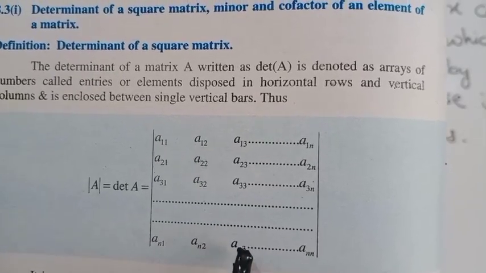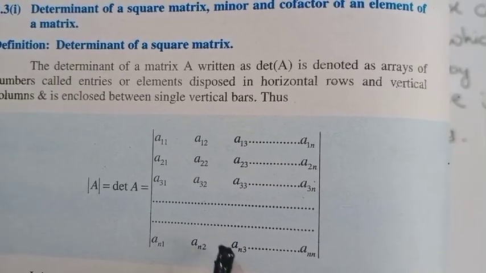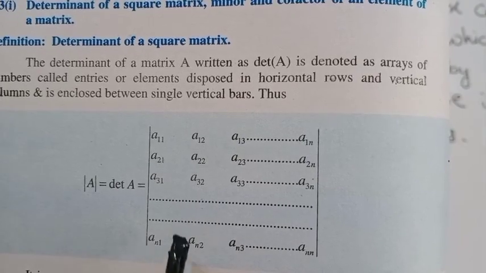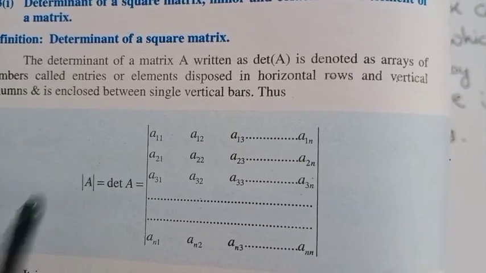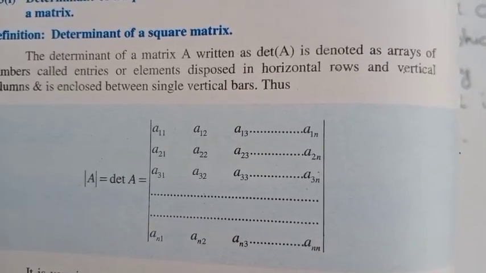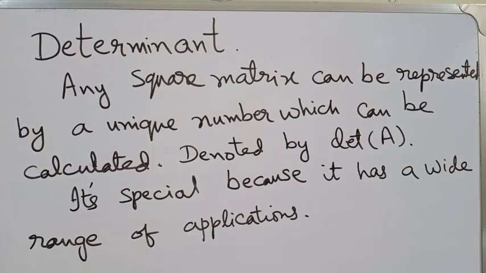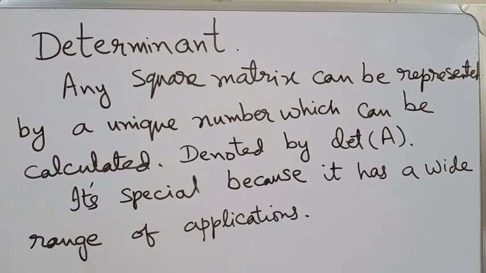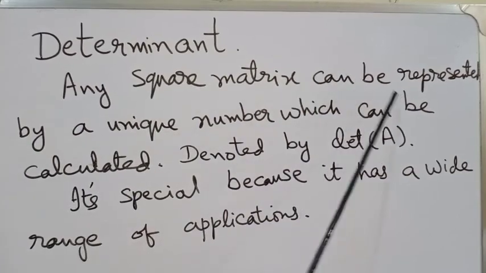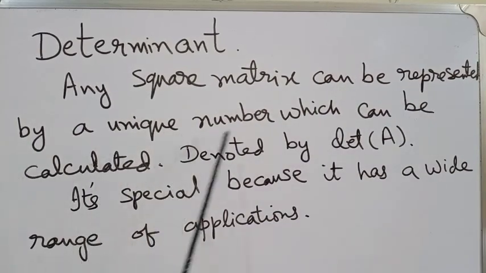I want to show you a very easy example and a very easy definition of this determinant. So let us define determinant in our own words. Any square matrix can be represented by a unique number which can be calculated.